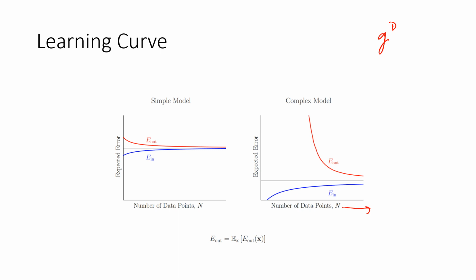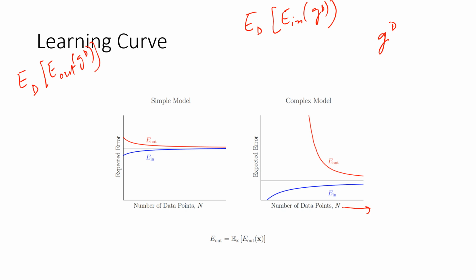So my expected error was ED, and then the in-sample error was E in of G of D. This is how we define it. More importantly, we didn't pay a lot of attention to this one because we were more interested in the out of sample error, which was defined on all data sets. So that's what we were looking at.